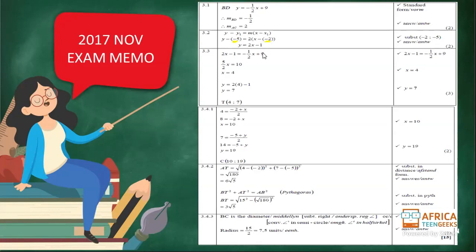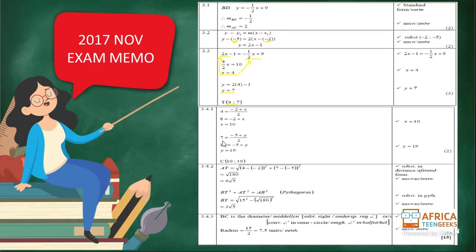And then 3.3, we agreed that is simply equating the two equations because point T is a point of intersection. And then the X value that you get, whether you substitute it into the one equation or the other one, you will still get the same value of y. Because the value of y at point T is the same for both equations.